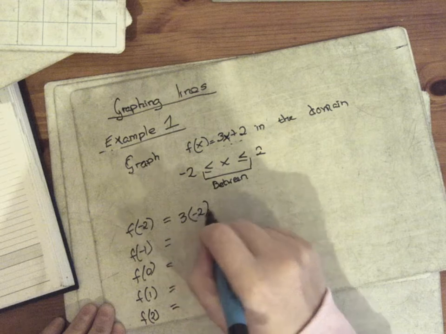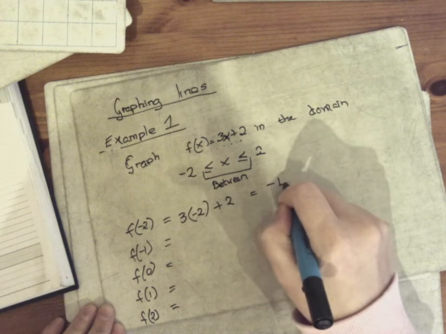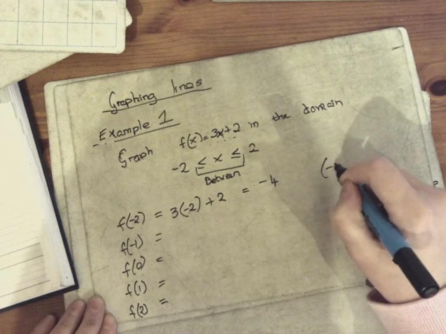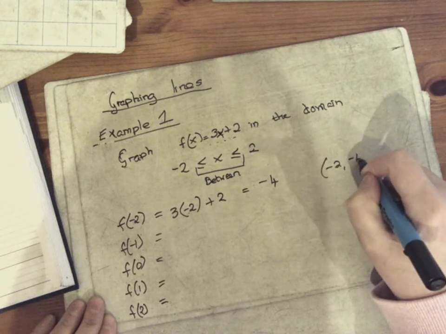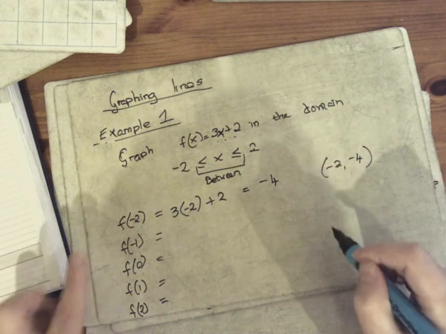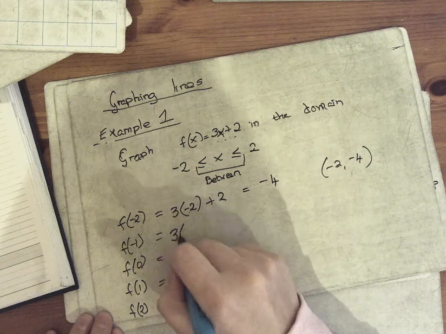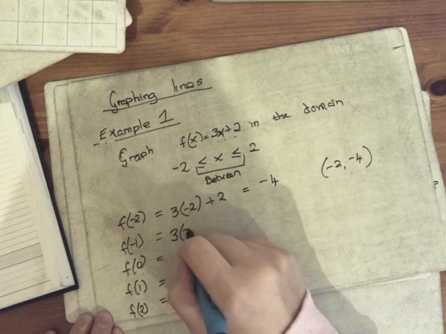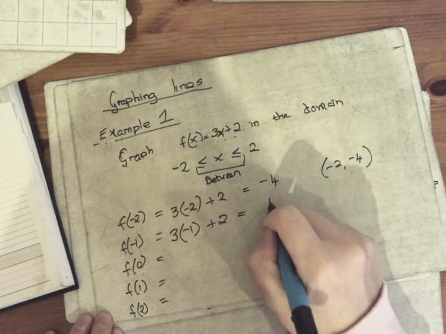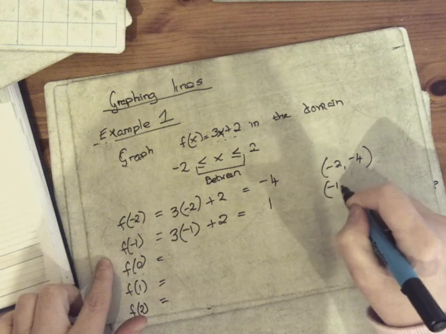So it's 3x plus 2 into the calculator with that, and that'll give me minus 4. Okay, so to get your point, girls, you put in a minus 2, and you got out a minus 4. So you make up your couple from input, output, x, y, okay? For this one, instead of that x, you put in minus 1. So 3 times minus 1 plus 2 into the calculator, and that'll give you 1. So you put in a minus 1, and you got out a 1.